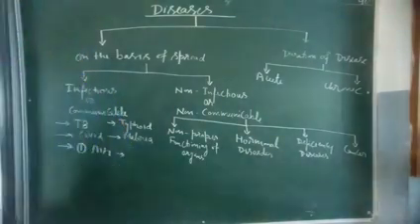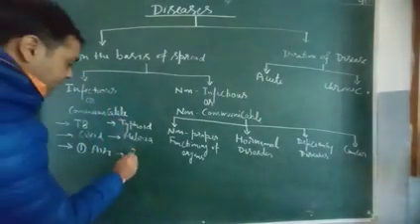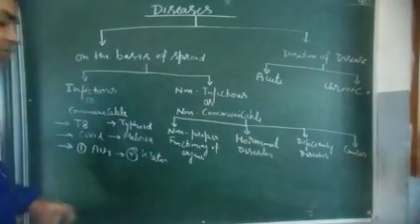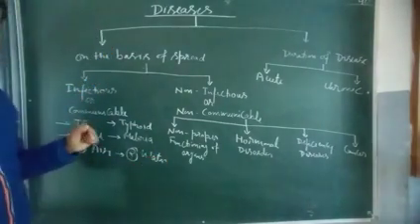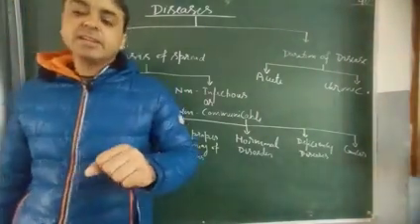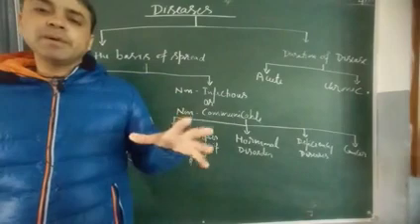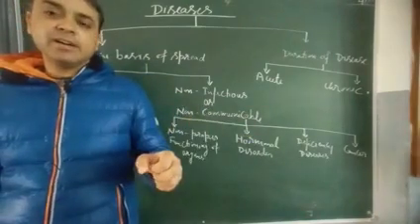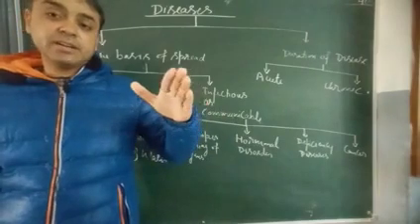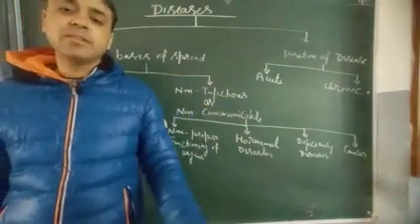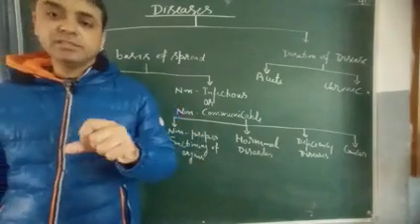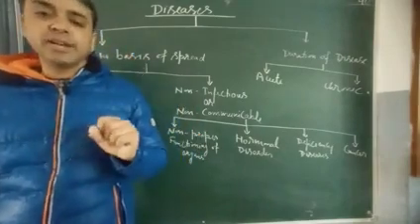Second mode of transmission is by water. By water, these infectious diseases can also be transmitted. Suppose people defecate in the open, or any germs reach a particular fresh water body or fresh water that we are going to consume, that is, we are going to drink.